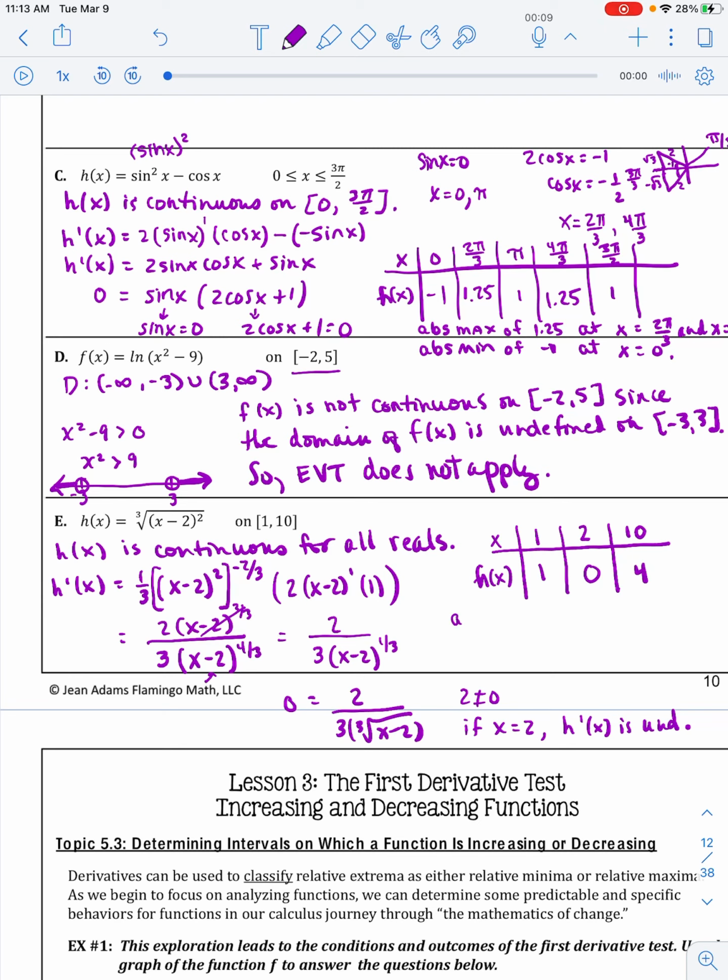So this gives me an absolute max of 4 at x equals 10 and an absolute min of 0 at x equals 2. Okay, so that's using your extreme value theorem. Okay, so by the extreme value theorem. All right, I think that was it. I hope that helps. Thank you.